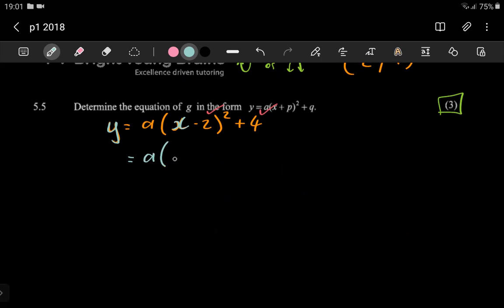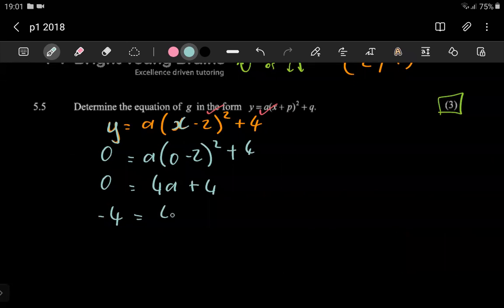So x is 0 there, and the y value is also 0, and then here you have 4a, because this is negative 2 squared, which is a 4. The 4 is going to go over there, divide both sides by 4, you're going to have -1, so that's a, and then you are done.